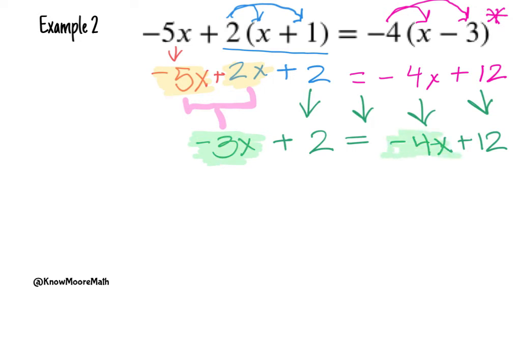Doesn't matter which. But you want to think of how you want to balance your equation. So I know if I subtract 2 from both sides, I'll get a 10. So since I'm going to be possibly moving that 2, it might be best for me to move this negative 4x to the other side. And so I'm going to do that by adding 4x to both sides.